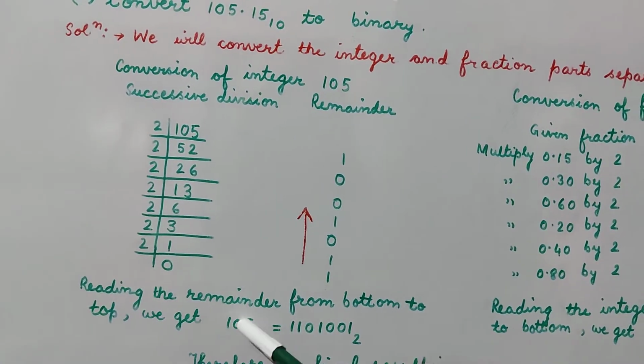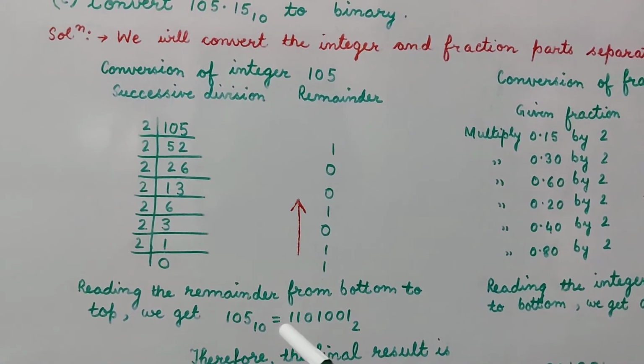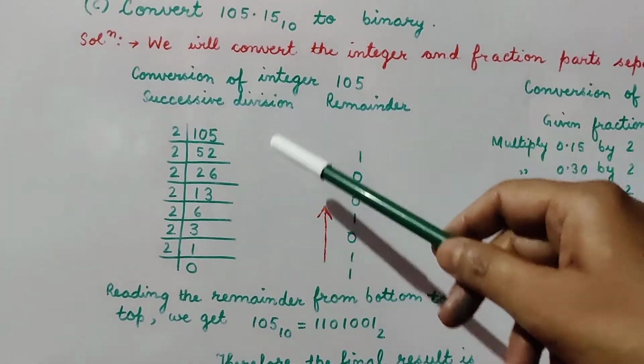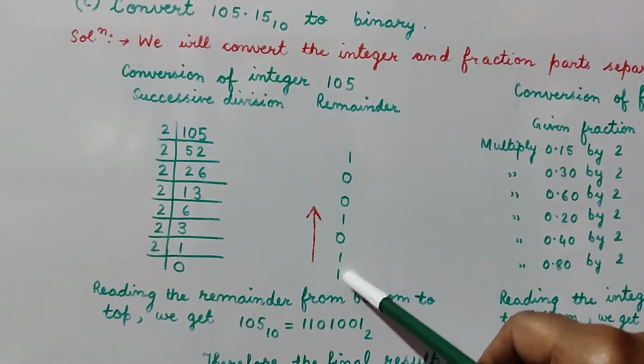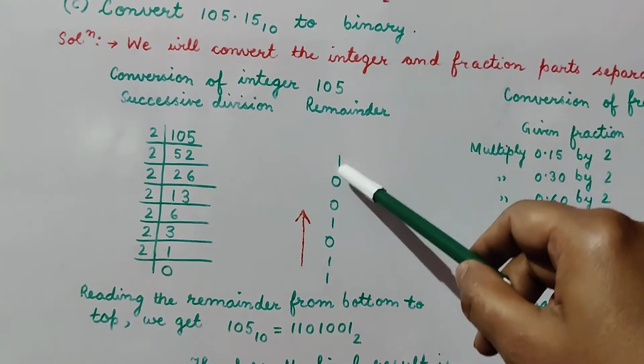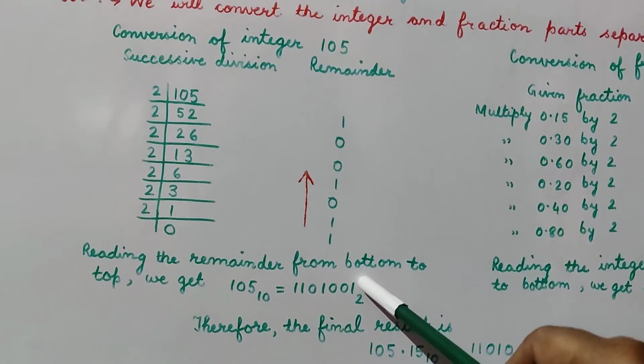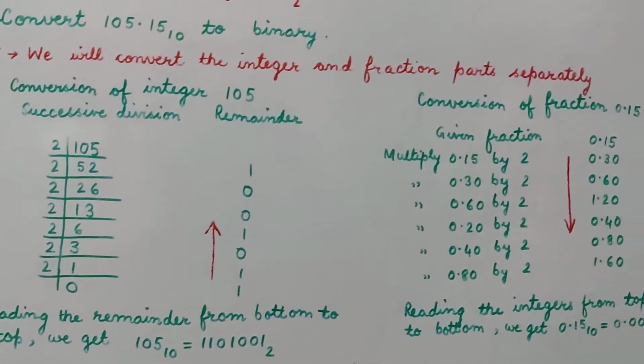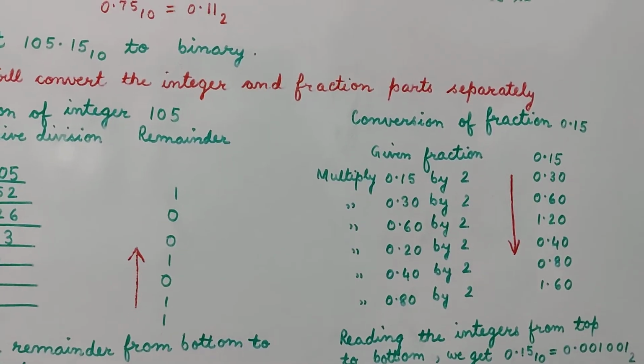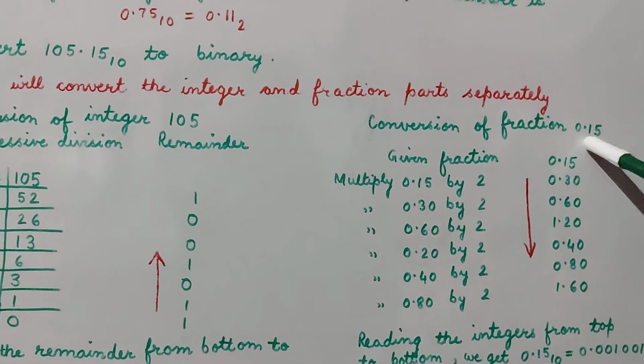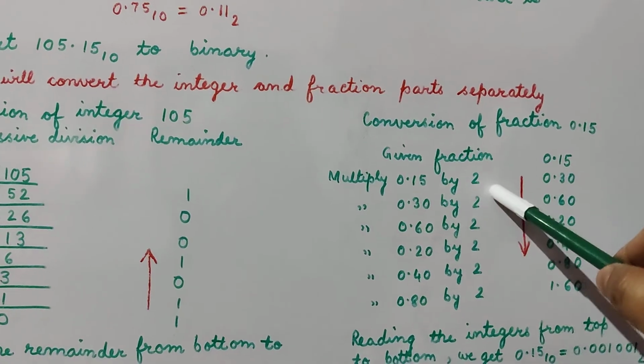Now reading the remainders from bottom to top, we find that 105 in decimal will be equal to 1101001 in binary.